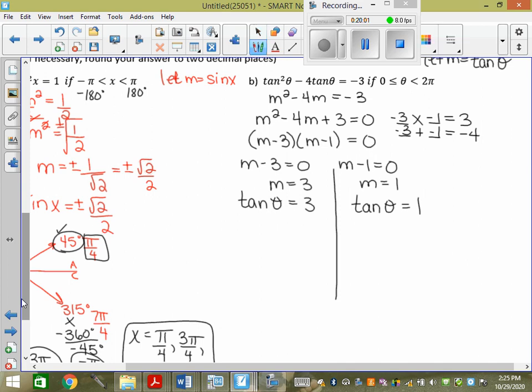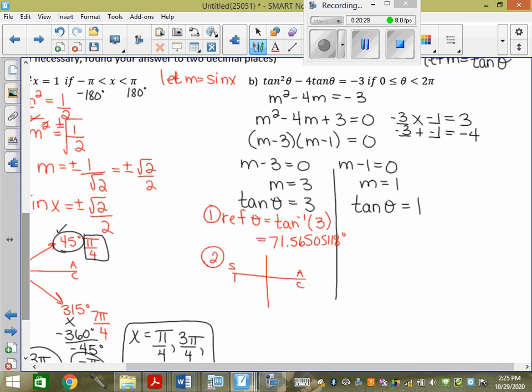So, reference angle. Reference theta equals tan inverse of 3. So I get 71.5650518 degrees.